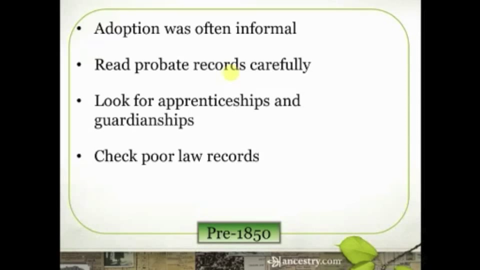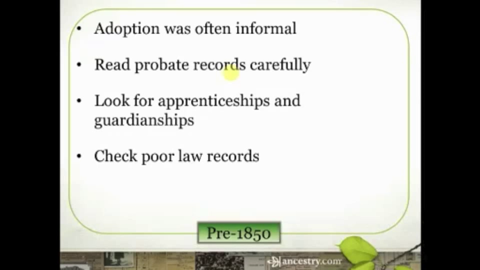Now, one of the things pre-1850 that I mentioned earlier is that illegitimacy had a different stigma through different periods of time. Prior to the mid-1800s, it was actually kind of shameful, but forced out into the open, as opposed to as we got into the beginning of the 1900s when it was shameful and kept secret.